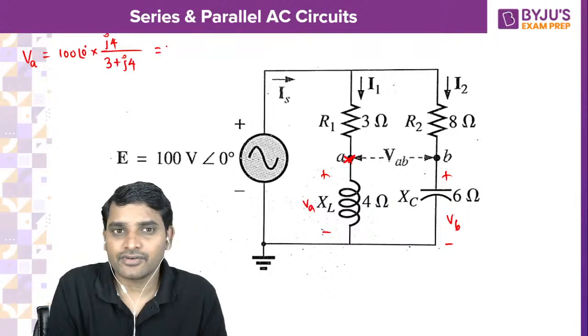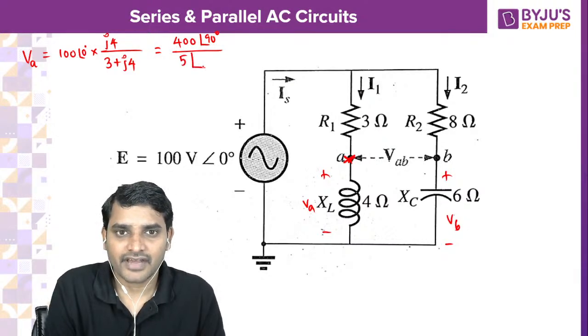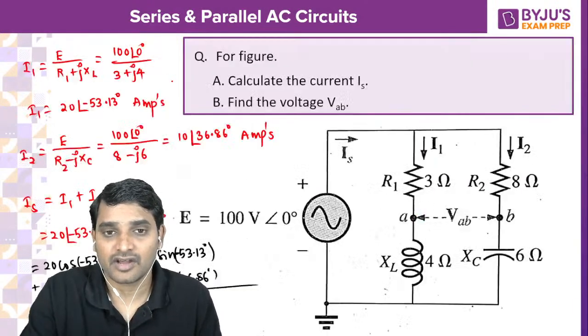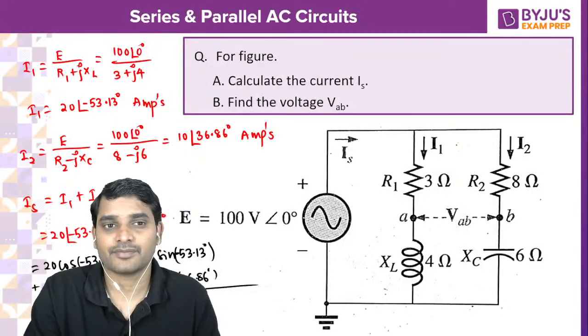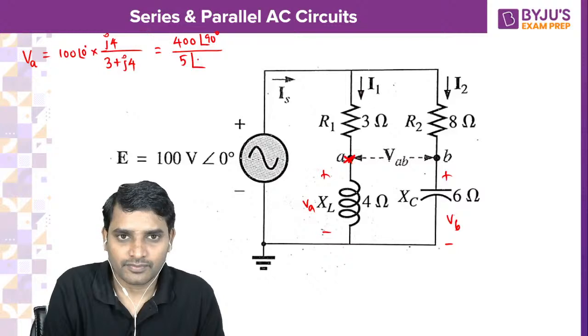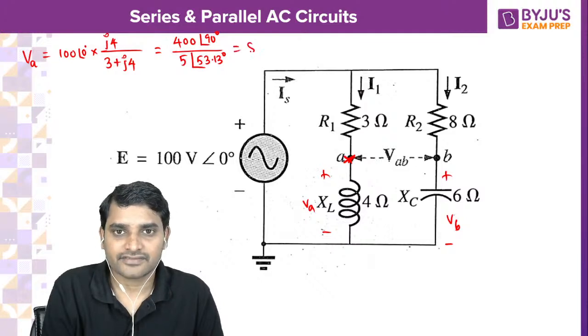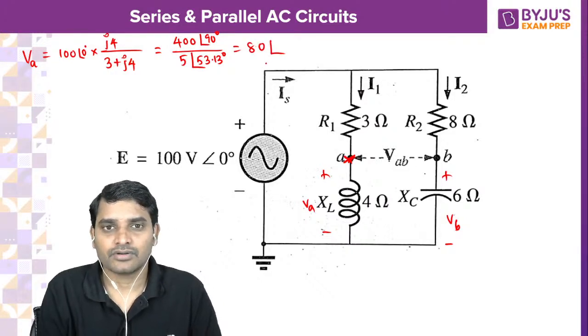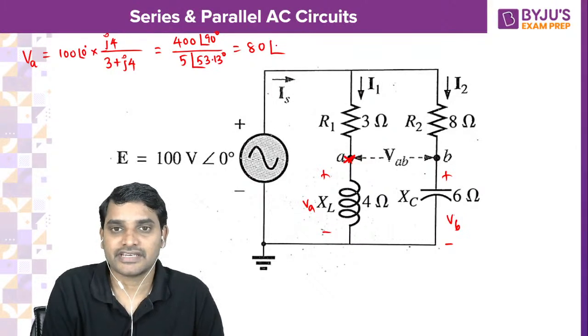So 100 into 4 will be 400 at an angle 90, divided by the square root of 4 squared plus 3 squared, 5, at an angle tan inverse of 4 by 3, which is 53.13. So you will be getting 80 at an angle 90 minus 53.13, around 36.86.